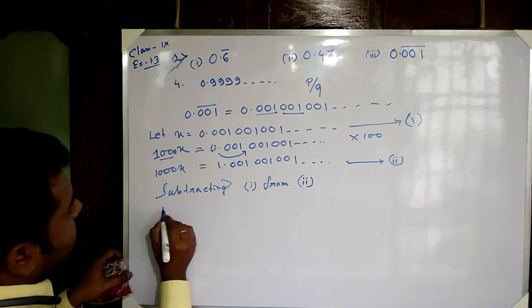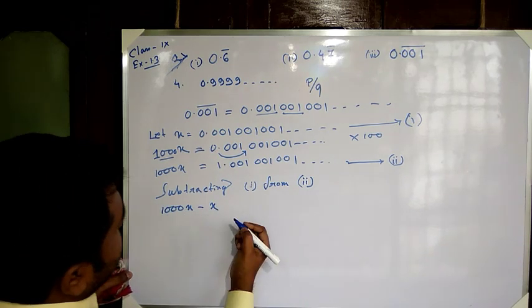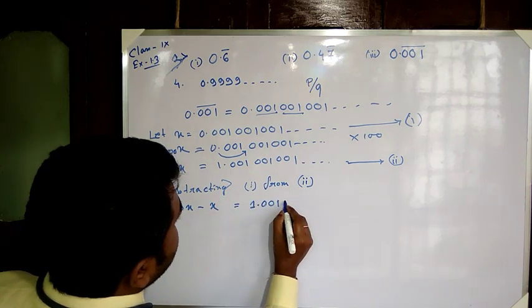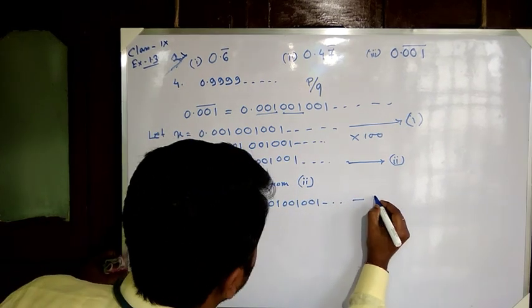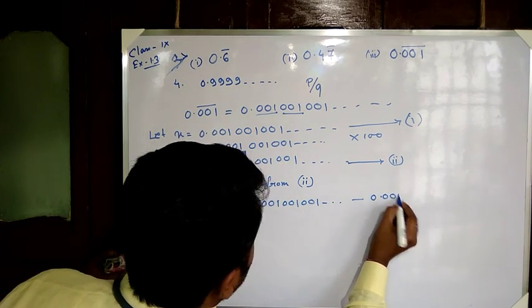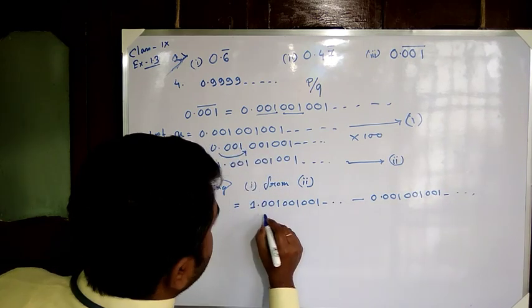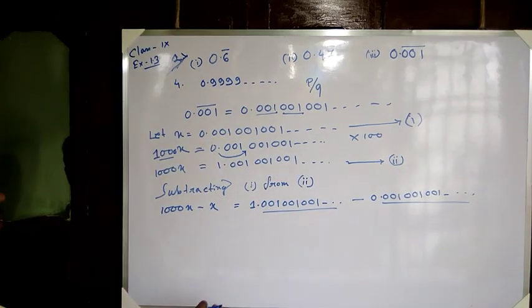What will it display? 1000x minus x equals 1.001 001 001 minus 0.001 001 001. See, this portion and this portion are exactly the same, so they will be removed.